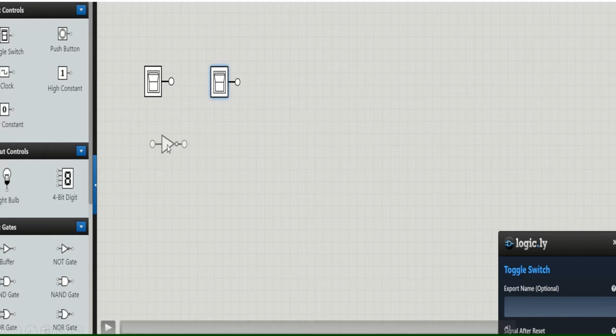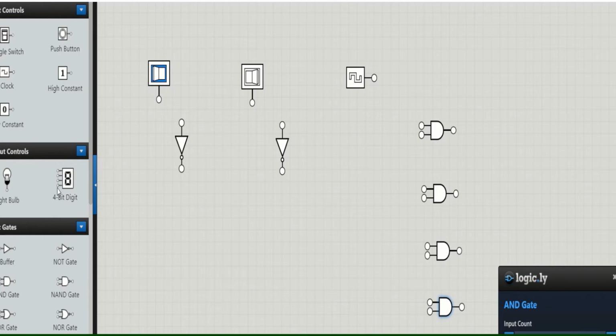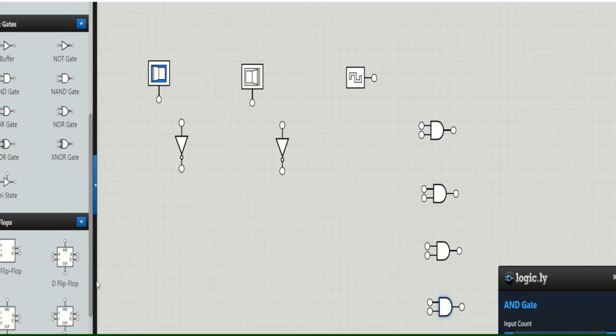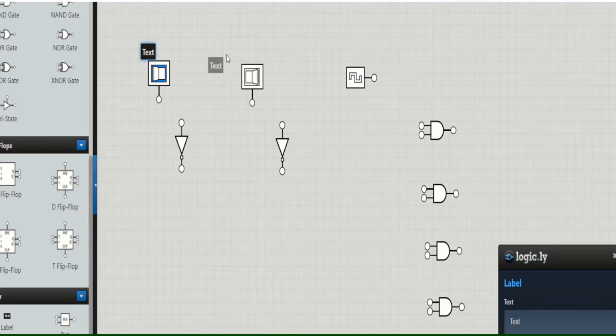Next, we'll see the simulation for the demultiplexer. Here we need 2 toggle switches, 2 NOT gates, 1 clock and 4 AND gates. Next, we label them.